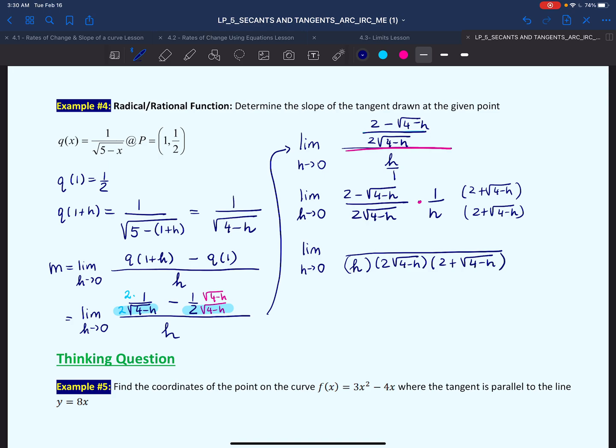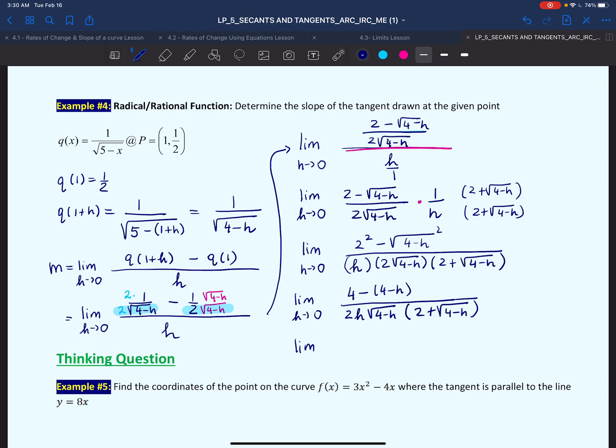Now in the numerator we'll have 2 squared minus root of 4 minus h squared. That is 4 minus 4 minus h, over 2h root 4 minus h times 2 plus root 4 minus h.